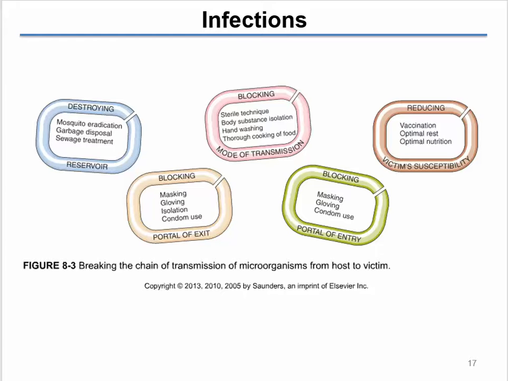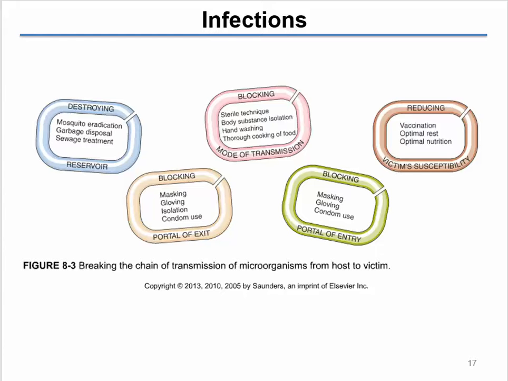So if the vector is a mosquito, and that's where the reservoir is, then eradicating mosquitoes is a good idea, or eradicating mosquito habitat like standing water is good. If it's waterborne, then sewage treatment is probably a good idea. Those are the sorts of things. You destroy the reservoir if you can.